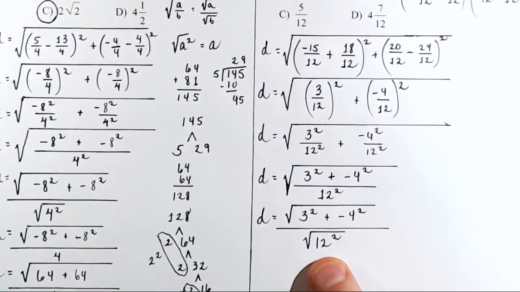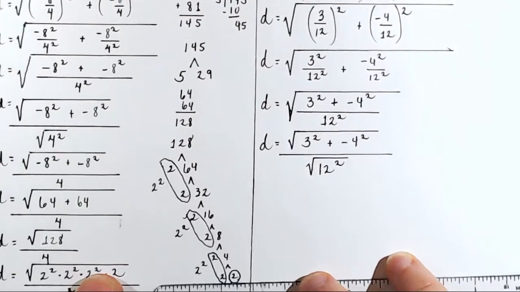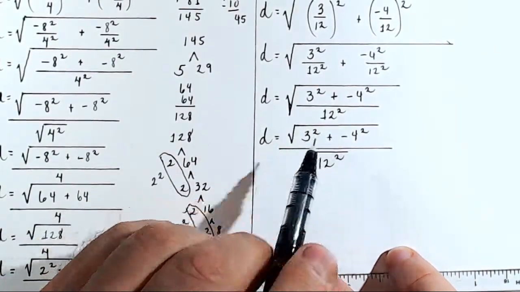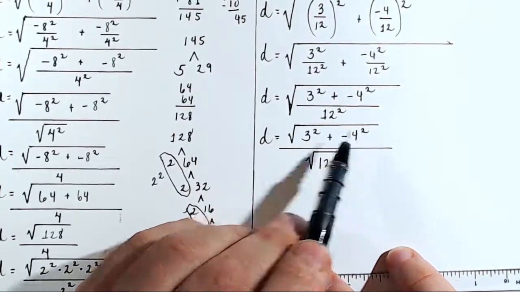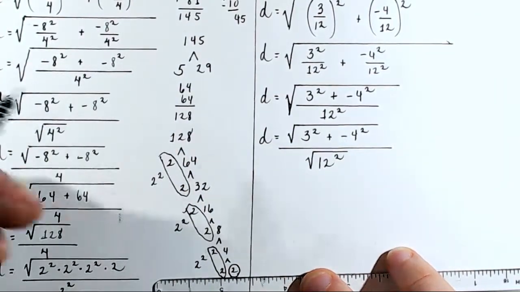Now I can apply that principle about turning a square root of 12 squared into just 12. And I can also go ahead and say what's 3 squared is 9, and negative 4 squared is 16, and 9 plus 16 is 25.